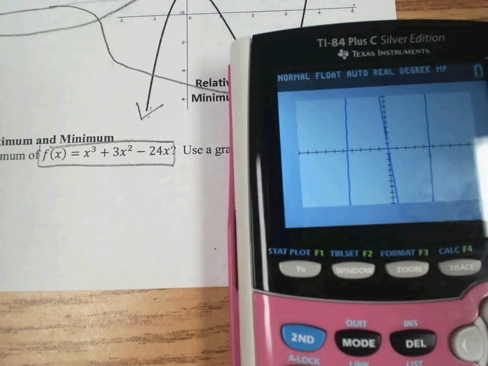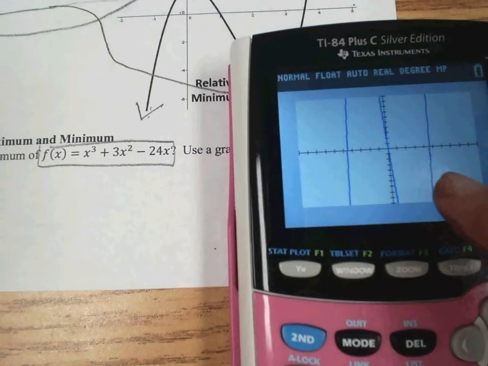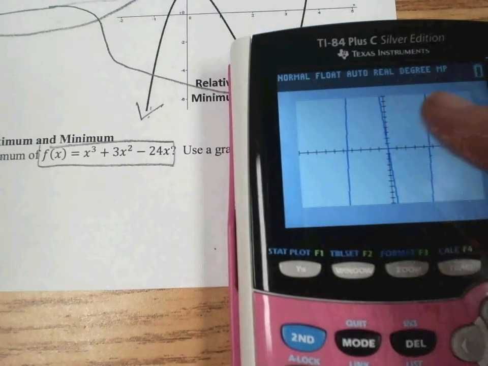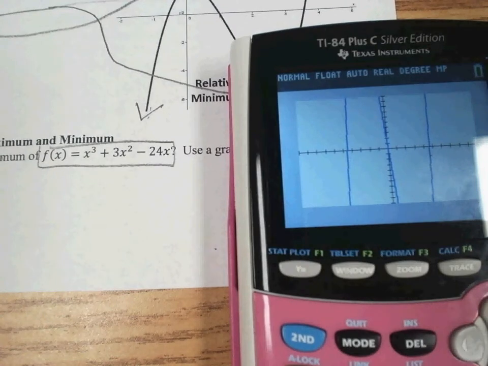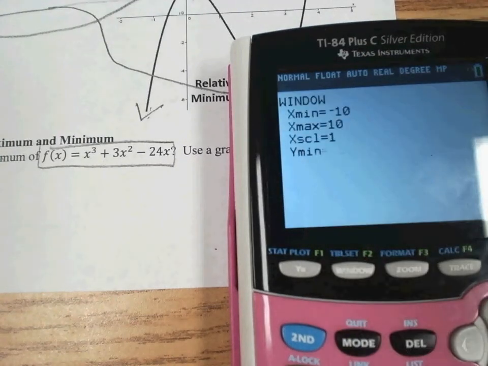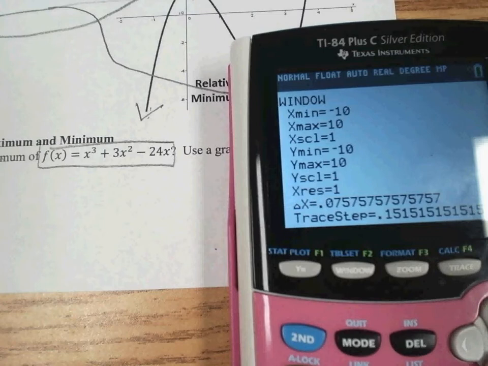You can kind of see here that there's going to be at least two turning points. You can see that it hits the x-axis 3 times, which is the maximum since our degree is 3. So we mainly just need to see more of our window on the y-axis.